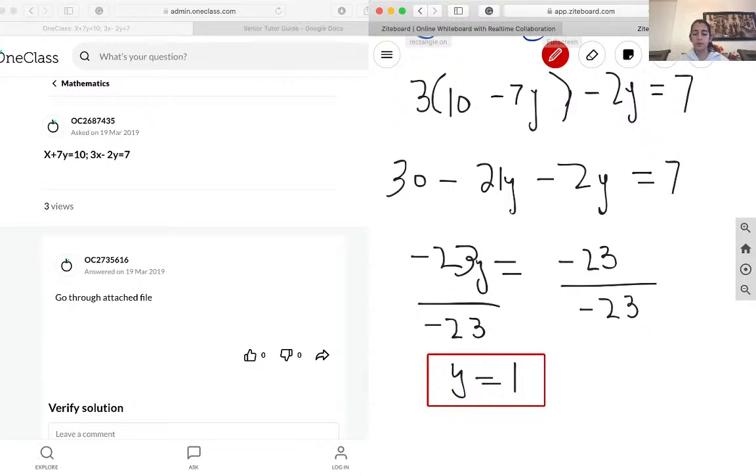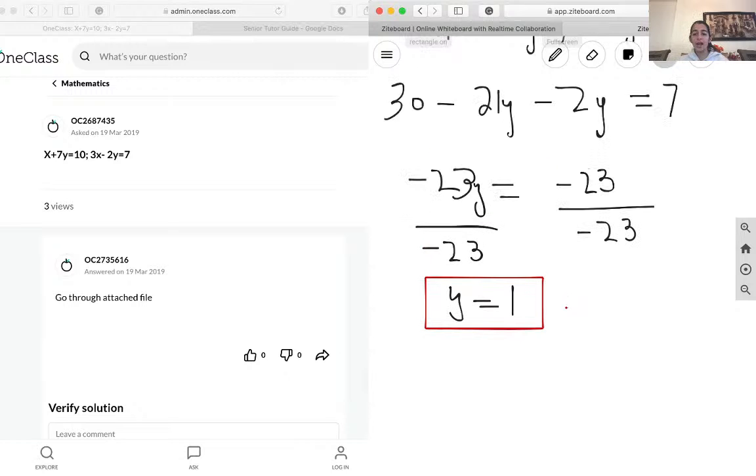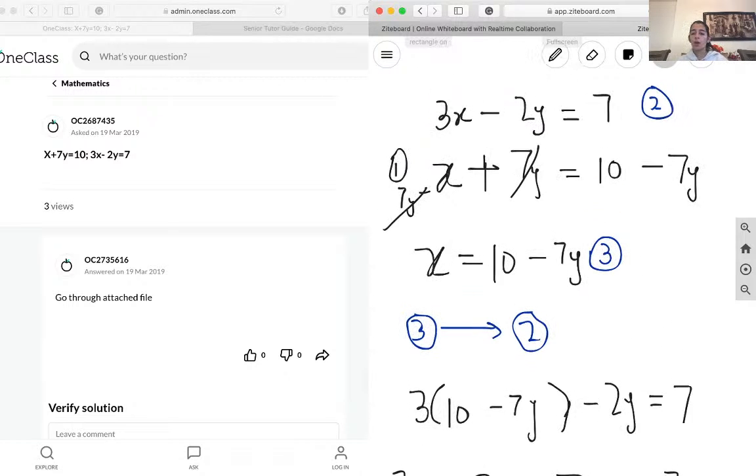I could have done this a long time ago. Now we know that y is equal to 1, so we can go to any of our 3 previous equations and put y in it.